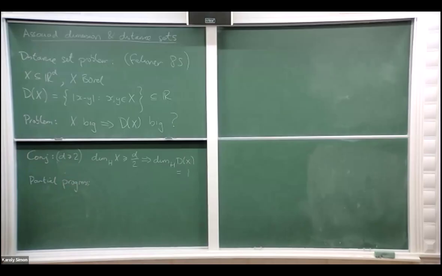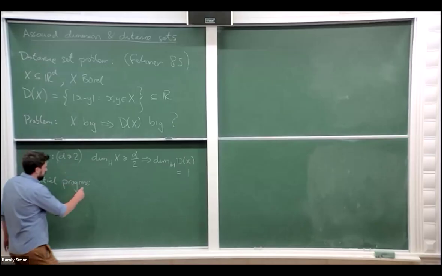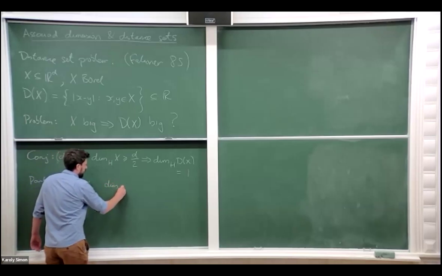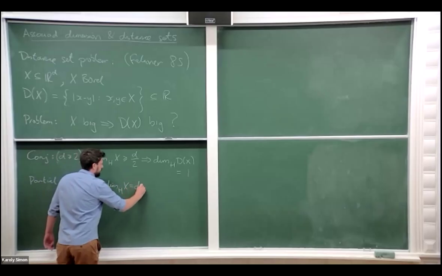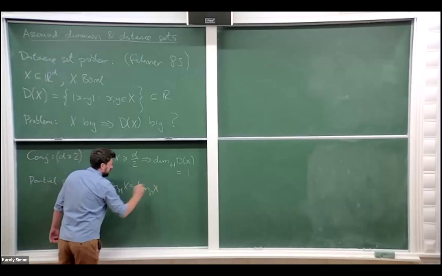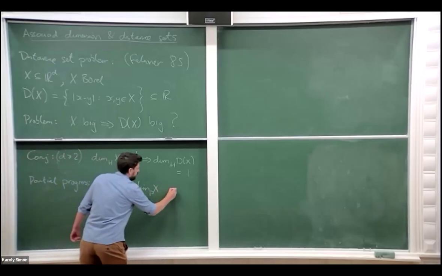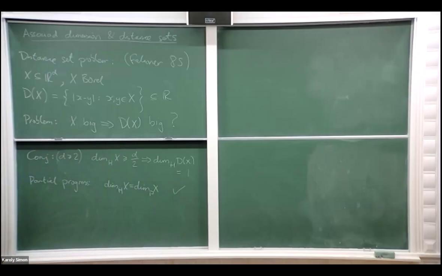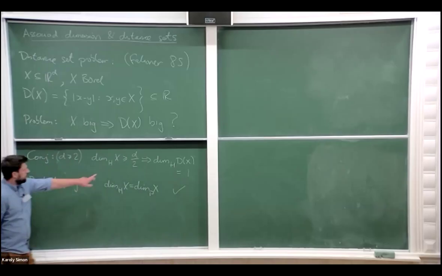But let me just tell you a couple of highlights. So, for example, we know that if the Hausdorff dimension of X and the packing dimension of X are the same, then it's true. If I make the additional assumption that X has homogeneity prescribed by equality of Hausdorff and packing dimension, then this conjecture holds.